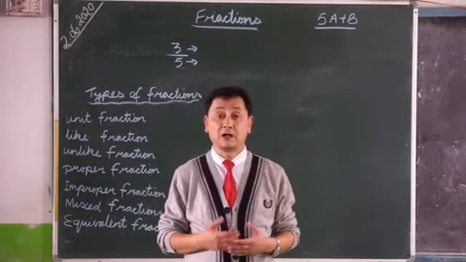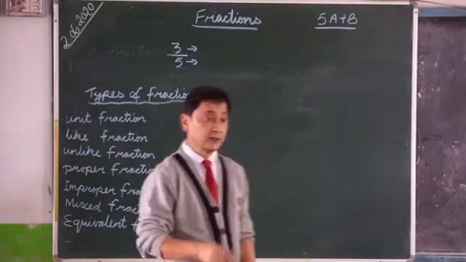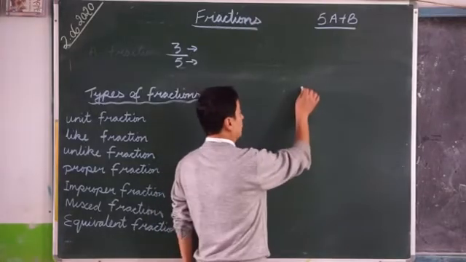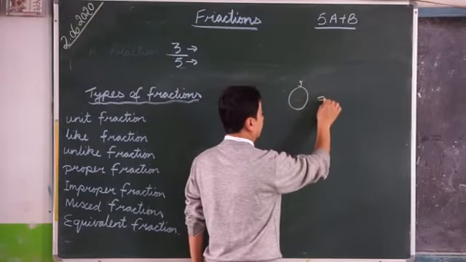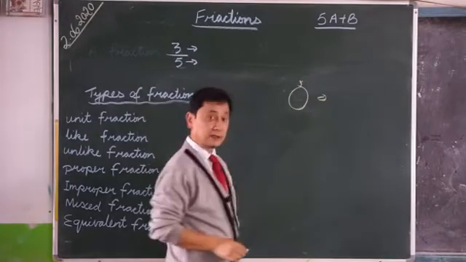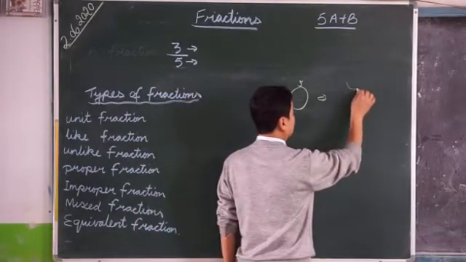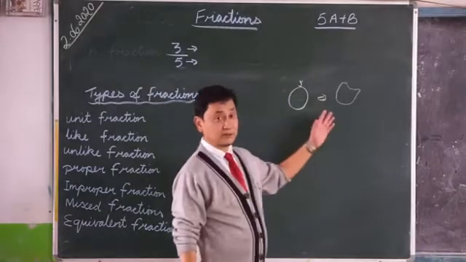Fractions are a part of a whole. So just say you have one apple, and you eat that apple. Is that clear? What did you do? You ate it. Now that has become half an apple, or 3/4 of an apple.